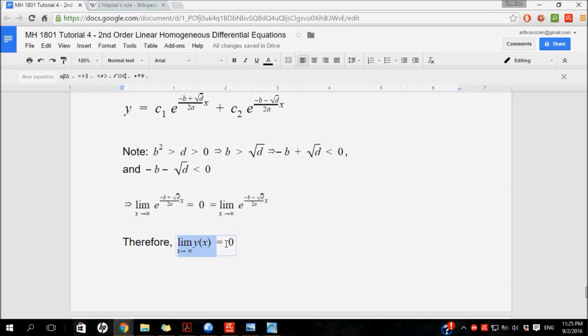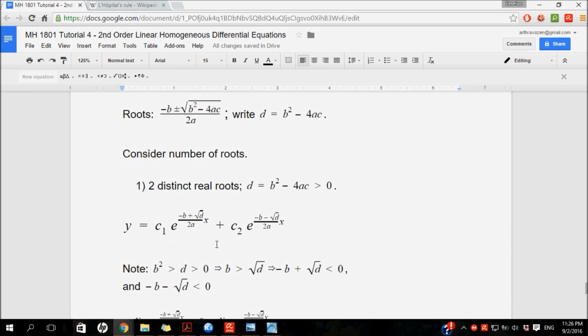We immediately have proved that the limit as x tends to infinity of y of x equals 0. So we have proved it in this first case.